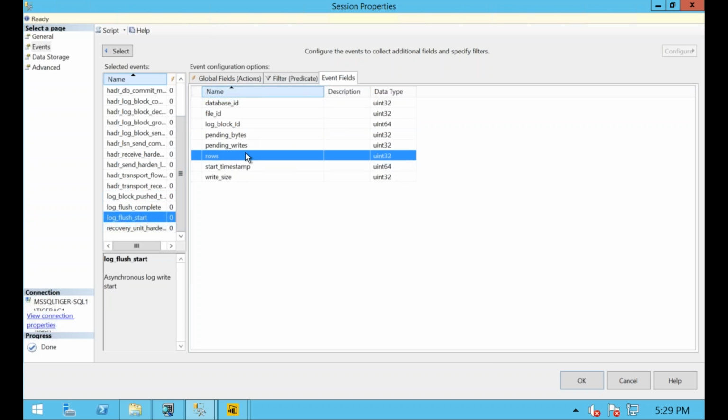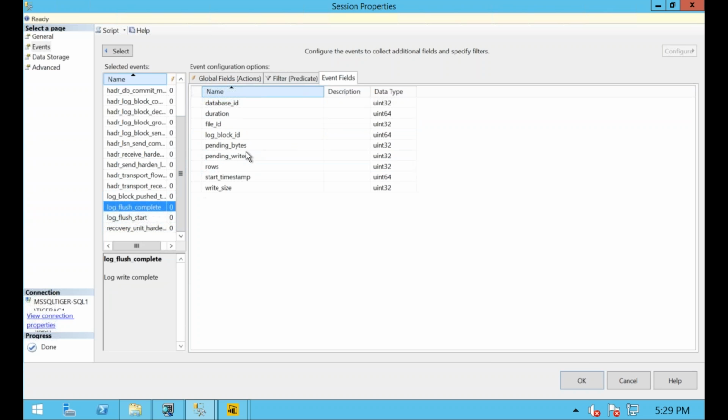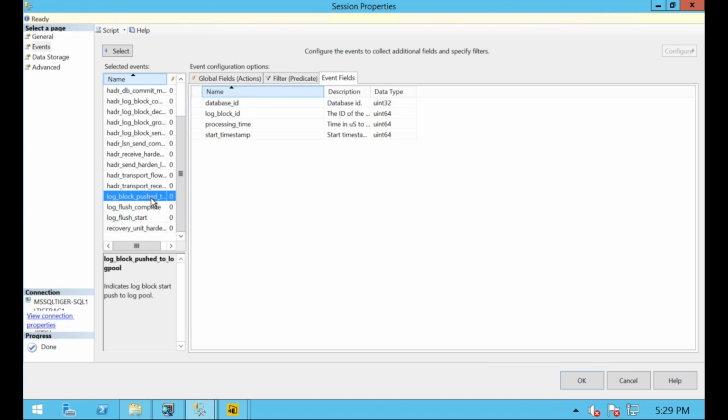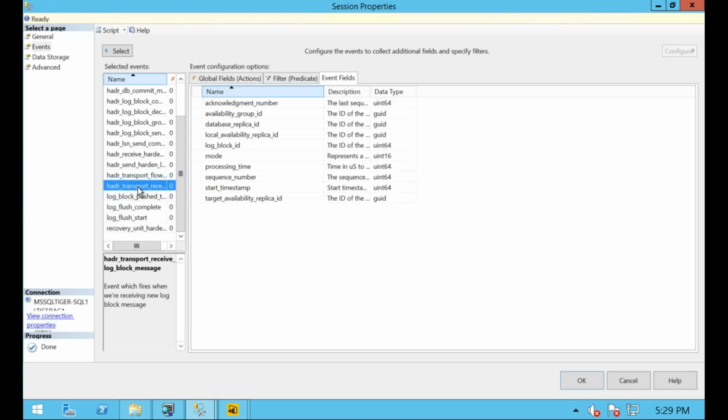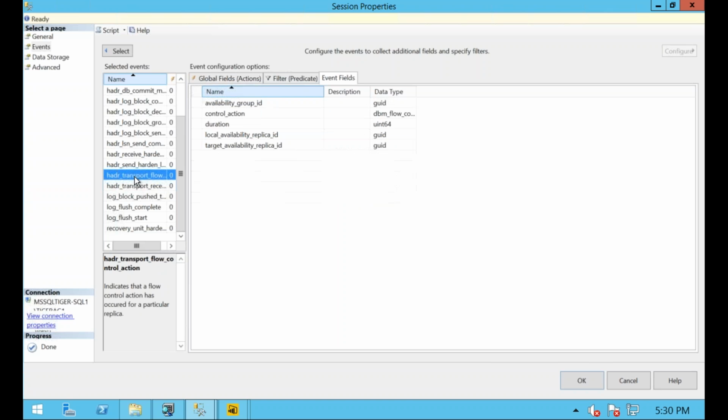So when does the log block flush start? This is the start timestamp, but anything that has to do with processing has a processing time. Anything that signifies a start or a complete would have a start timestamp. If I look at the log block push, how much time did it take to push it through? If I look at the HADR transport receive log block layer message, it tells me how much time it took to push the log block over to the transport layer.